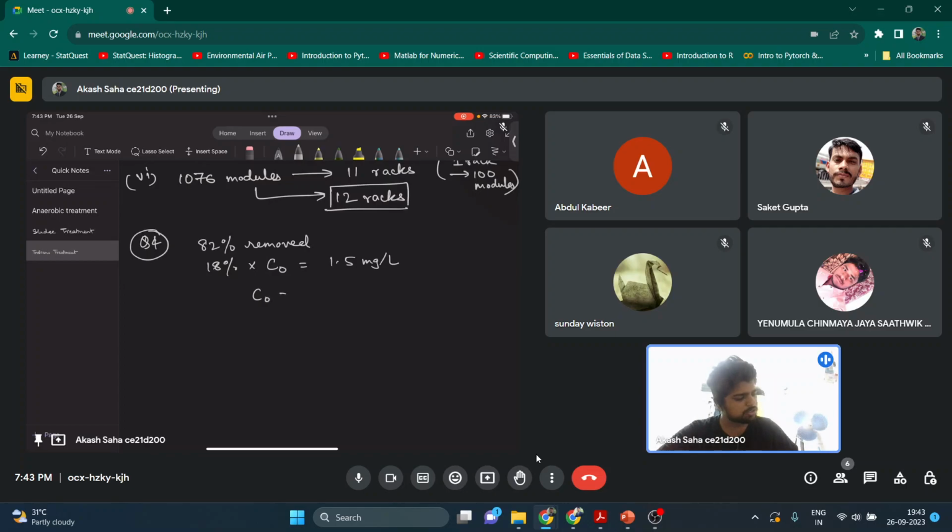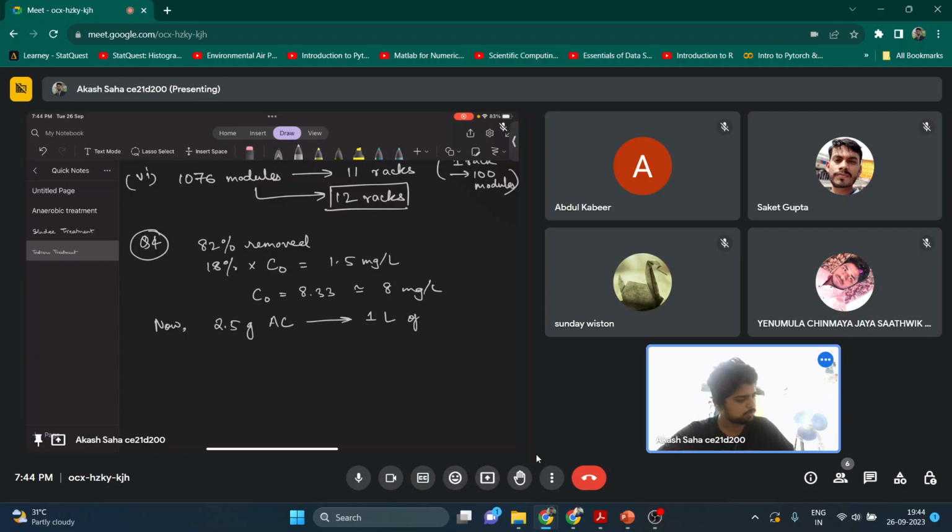So my initial concentration of chromium will be 8.33, or I will write it as 8 milligram per liter. Okay, so my initial concentration of chromium is 8 milligram per liter, because 18% remains after removal, and that is 1.5.